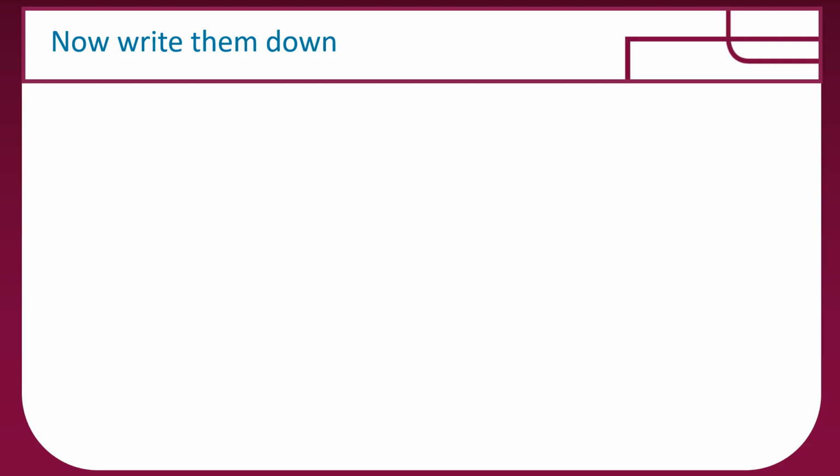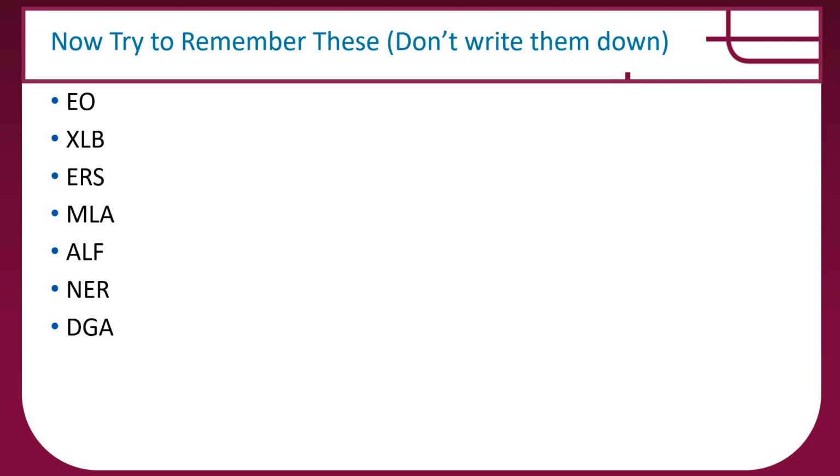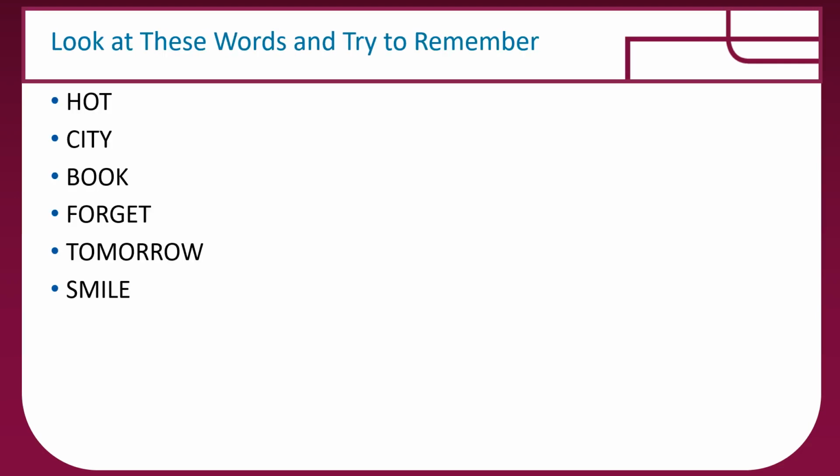But if I were to ask you which one was harder, probably this one. Even though it was the same number of letters, these are broken into words, or what we would call chunks of meaningful information, right? Hot, city, book. So you're actually only remembering 1, 2, 3, 4, 5, 6 chunks of information.